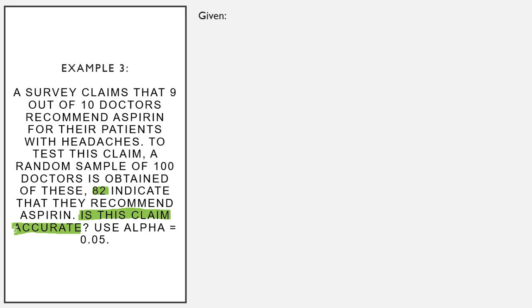So unang-una, given. So ayan po yung given natin. Sir, may tanong agad ako, where did you get the 90%? Wala po siya dun sa word problem. I can see it po, sir. Okay? So this 90%, I get it from dividing 9 out of 10 or 9 divided into 10 doctors. If you divide it using your calculator, 9 divided by 10 is 0.9. Then 0.9 converted into percentage, that is 90%.